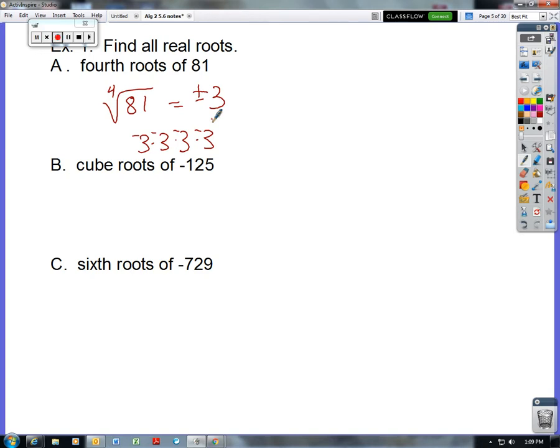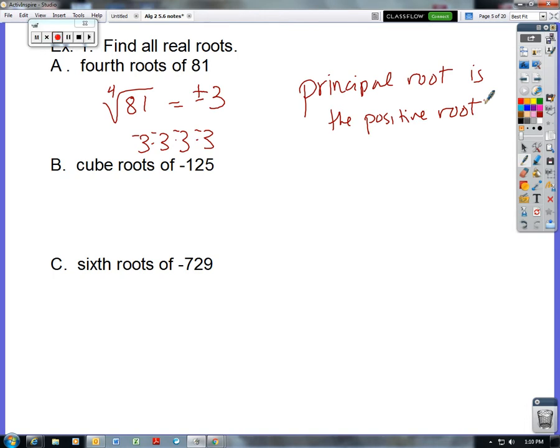Oh, by the way, the principal root is just the positive one. So if you forget your plus or minus, you're finding the principal root. Or if it asks you specifically for the principal root, you just give the positive root.